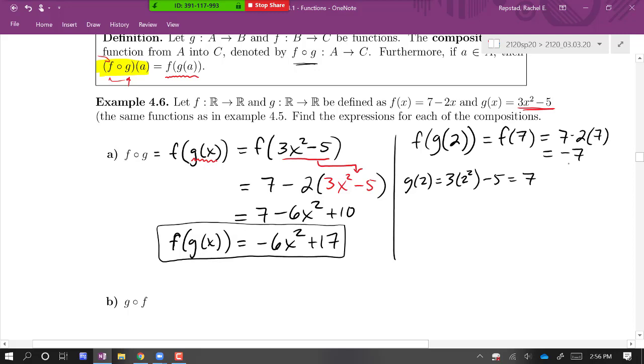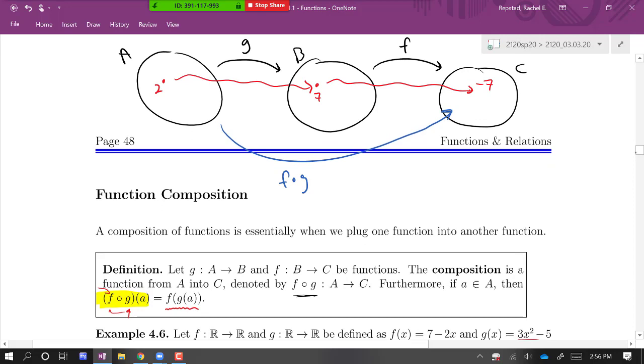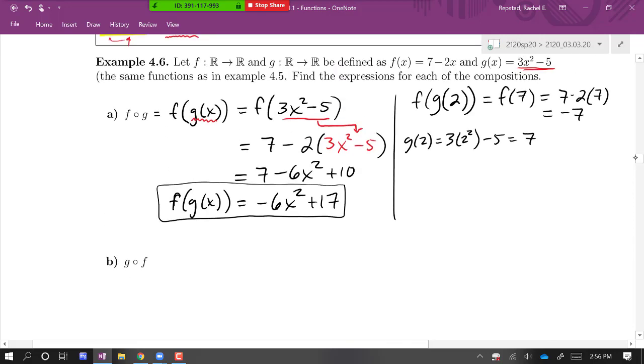So that's basically how to think of this composition. I've got a number 2, let me see where g sends it. It sends it to 7, and then f sends that to negative 7. What we're saying here, after that algebra that we did, is that this should be the same as taking negative 6 times 2 squared plus 17.